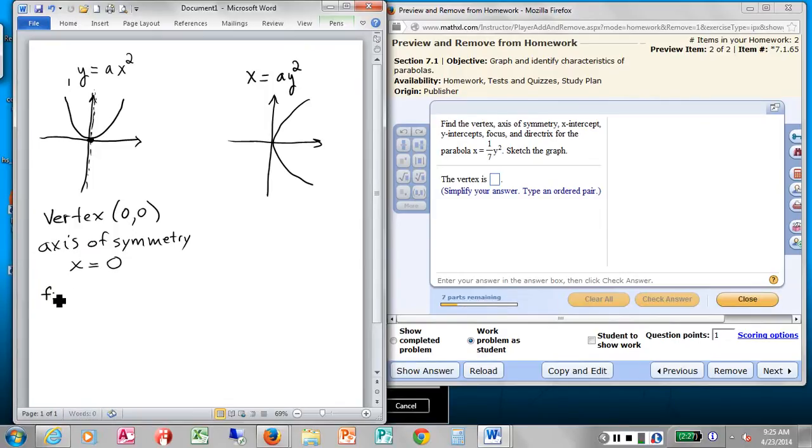They'll also want us to talk about the focus, find the focus. There are different ways of doing it, but the way I do it is the distance to the focus from the vertex is p, and so I have a little formula here. It's p equals 1 over 4a, where the a is what's times x squared in y equals ax squared, so 1 over 4a, that's our p distance.